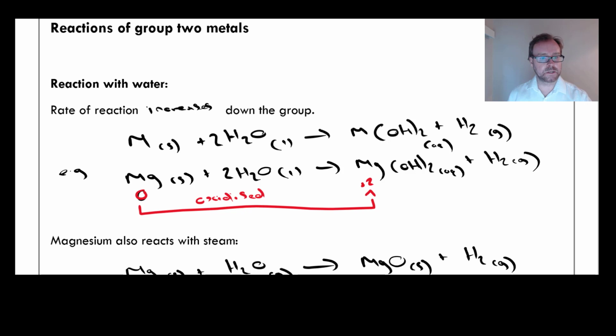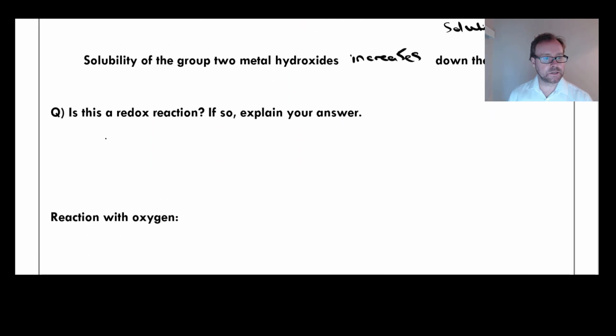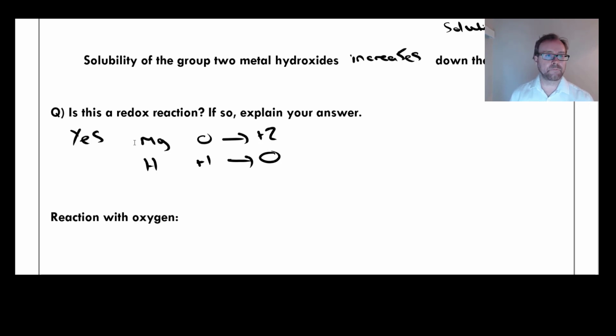Hydrogen is +1 here and 0 over here, therefore it has gained electrons, so it has been reduced. So, is this a redox reaction? Yes, because Mg has gone from 0 to +2, and H has gone from +1 to 0.